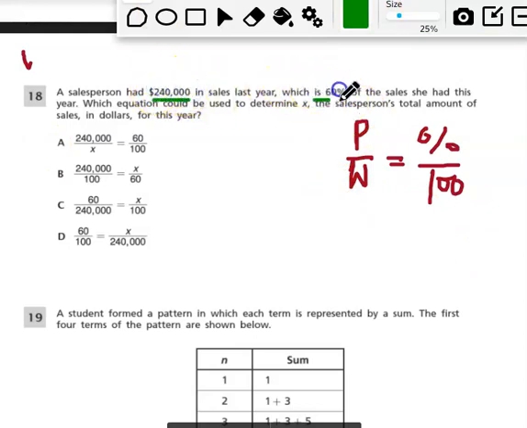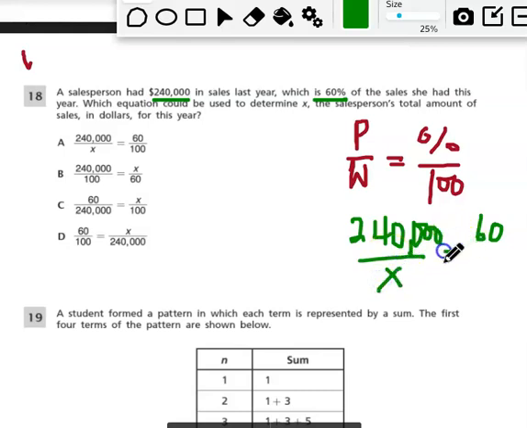You see here, that is 60%. 240,000 is 60%. We do not know what is the 100%, which is this year. So 60% is the 240,000, and we do not know what is the 100%. So you guys, when you say your answer is A, you get it correct.